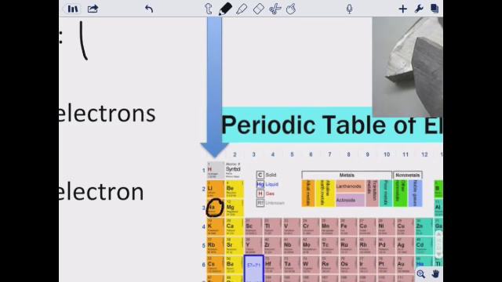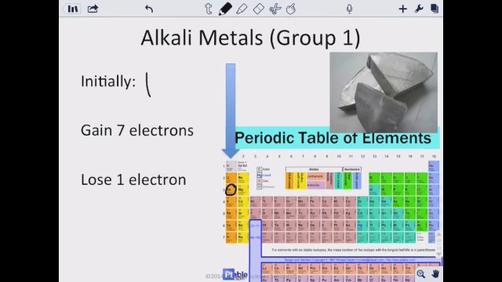Sodium, it's right here, it would have to gain 7, meaning go 1, 2, 3, 4, 5, 6, 7, to look like a noble gas, or it would have to lose 1, and then it would look like neon. So it has an option.